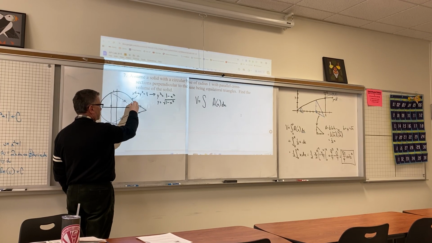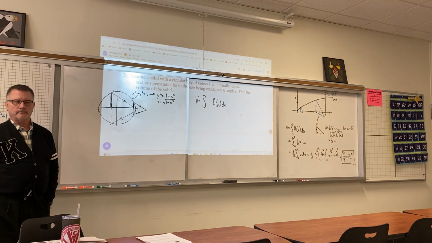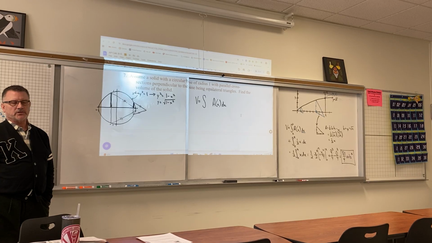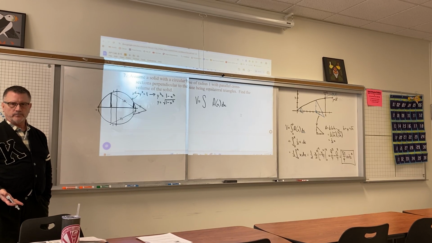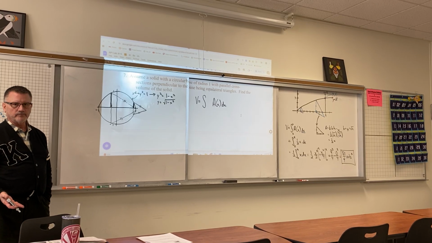Now let's look at my triangle. That base of that triangle, which is an equilateral side, is going all the way to that function, right? It's going all the way up to the square root of 1 minus x squared.